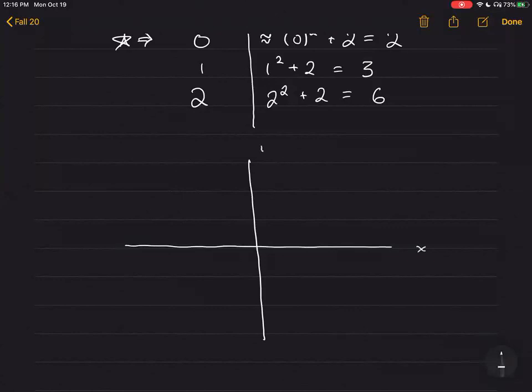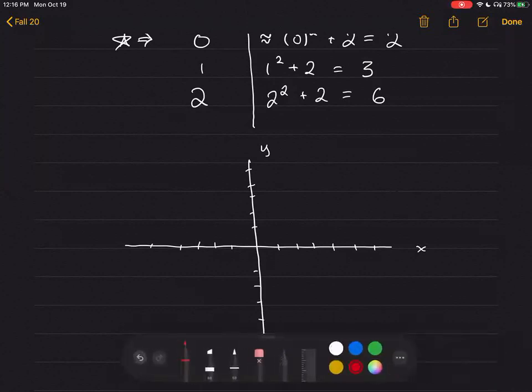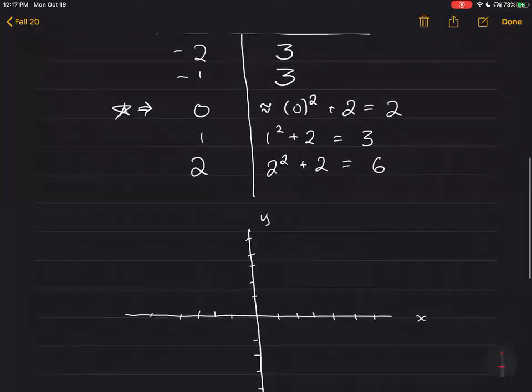This is our x-axis, this is our y-axis. So let's see. We have -2, 3, so 3 here, -1, 3. It's also here.